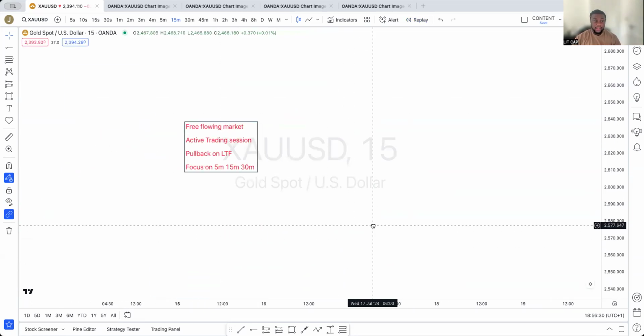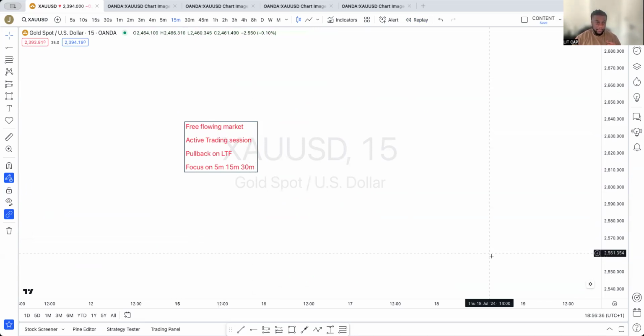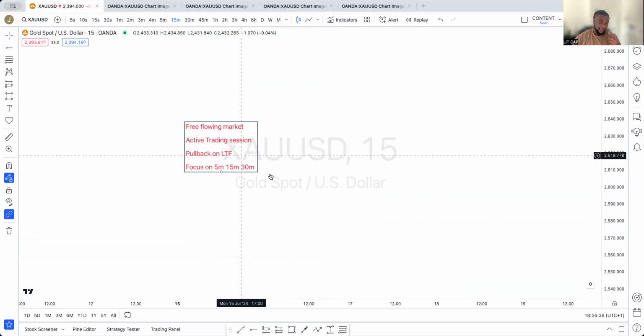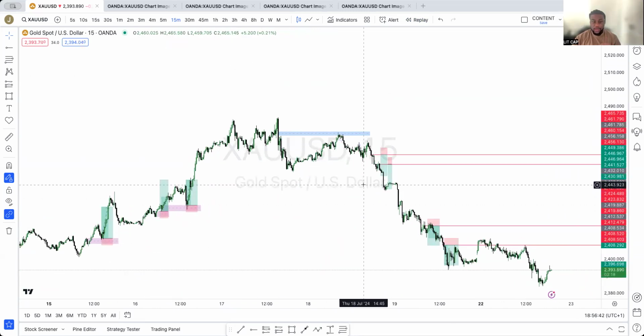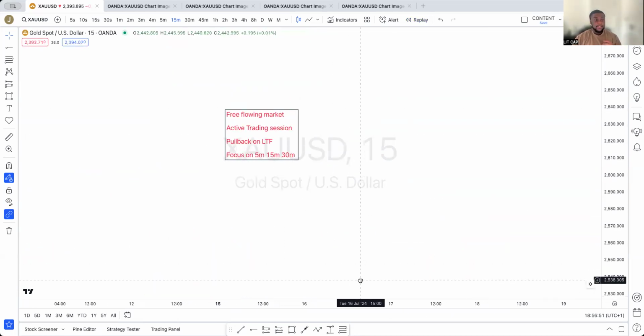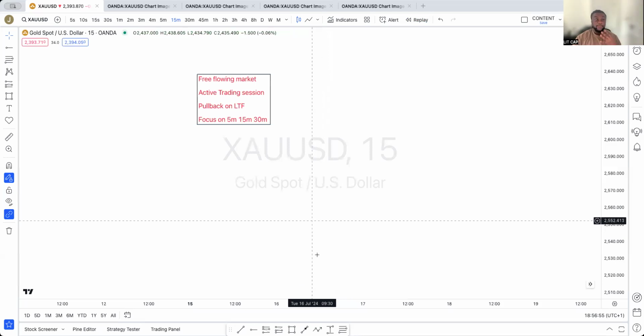So what does that mean for us? Step number one, we need a free flowing market. Step number two, do we have an active trading session? During this time period, we are deep inside of the New York session. So we are active inside of a trading session. Step three, let's find a pullback on the lower time frame. Step four, focusing on the 5-minute, 15-minute, and the half-hour time frames.